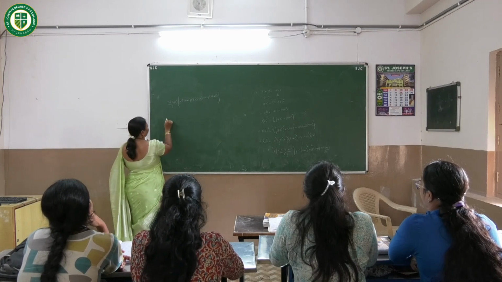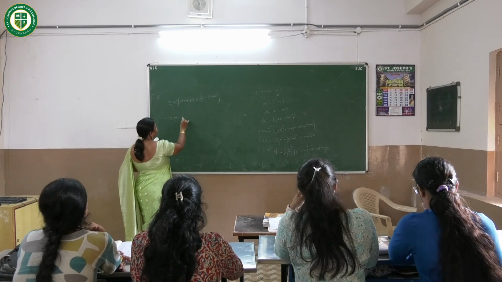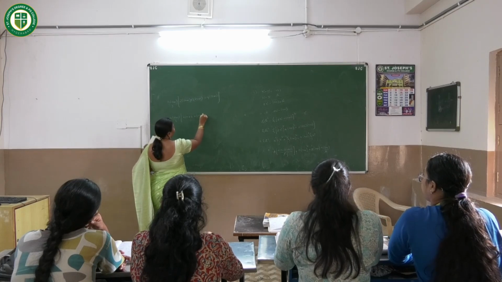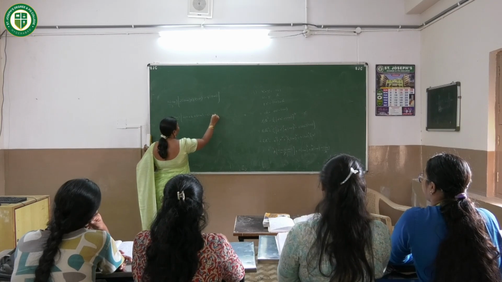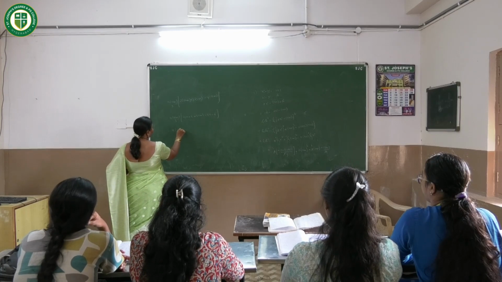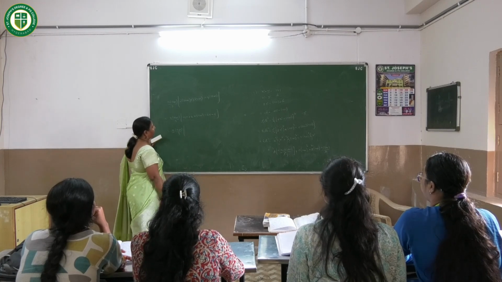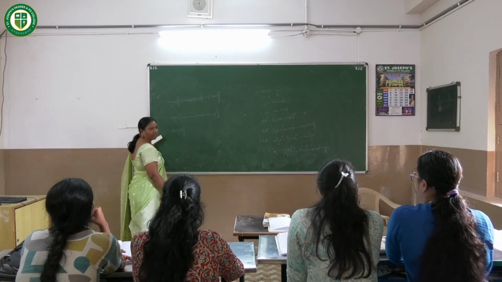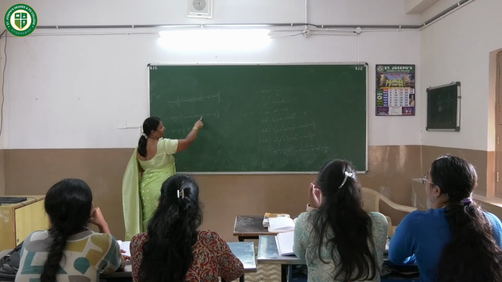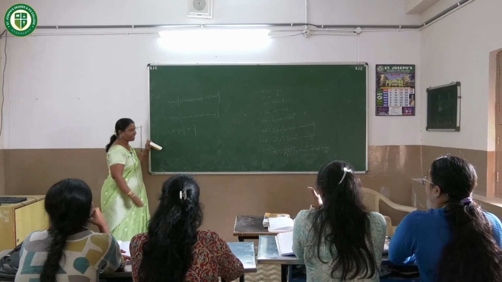Next, n into n plus 1 by 3, multiply these, you will get 4n plus 2 plus 3n plus 3 minus 6n minus 6. Then you will get n into n plus 1 by 3, 4n plus 3n, 7n minus 6n, you will get n. Plus 2 plus 3 plus 5 minus 6, you will get minus 1. Simply you will get n minus 1.